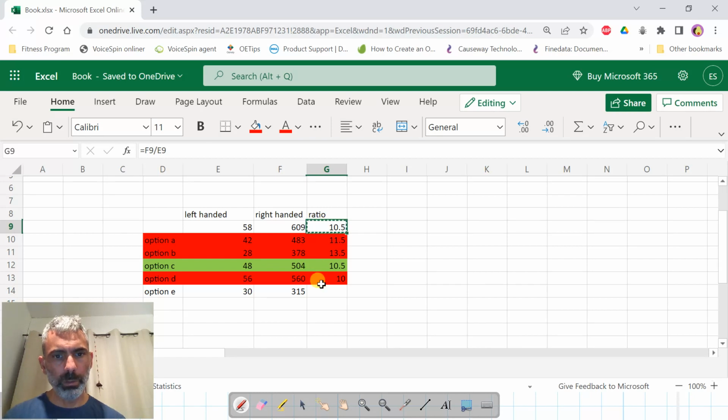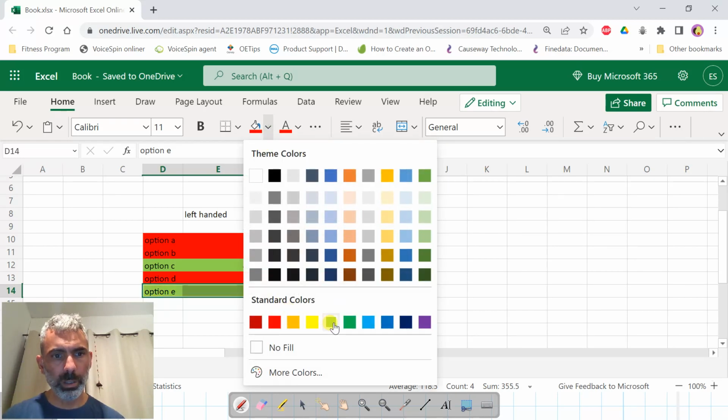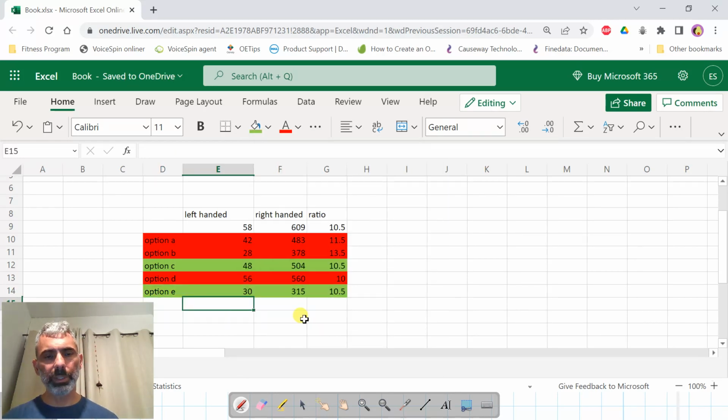And when I copy the formula, I get the same ratio. So here I divide F14, which is this cell, 315, by E14, which is this cell. So 315 divided by 30 gives me the same ratio of left-handed to right-handed students. Okay, so option C and E.